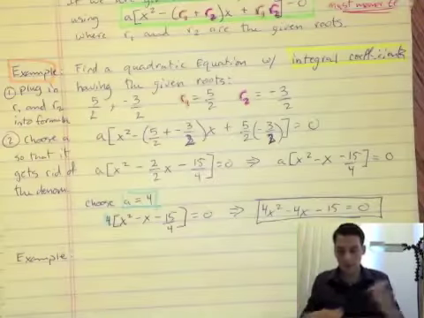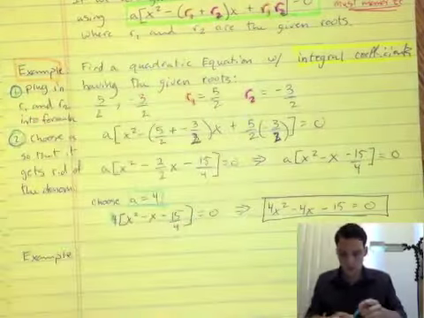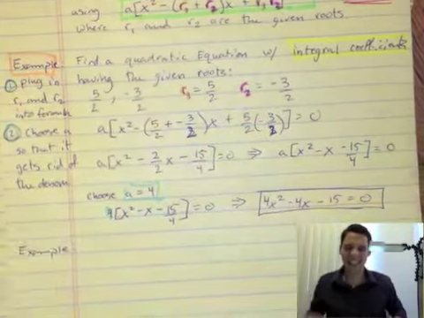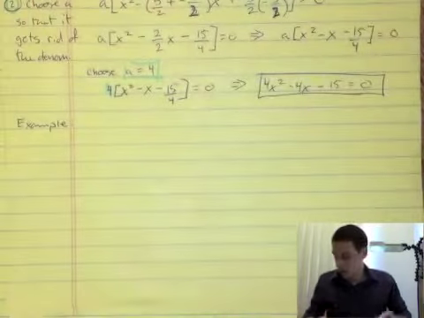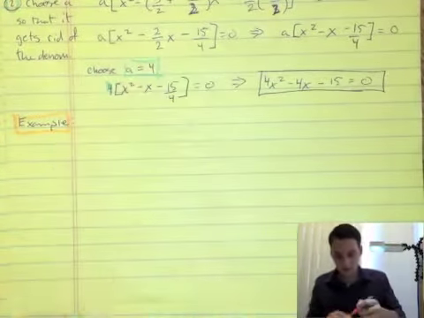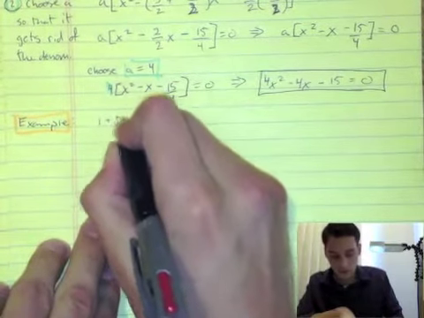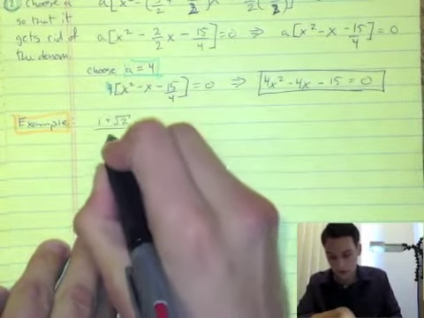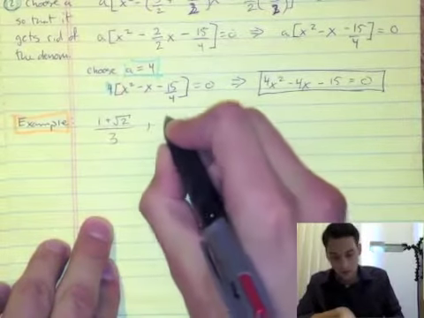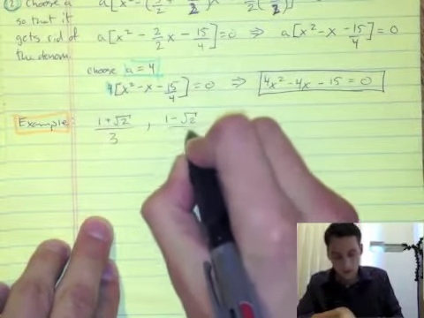Let's make these blue, so it looks pretty. Same instructions, given different roots. So given these roots, 1 plus the square root of 2 all over 3. This is one root. And 1 minus square root of 2 all over 3.